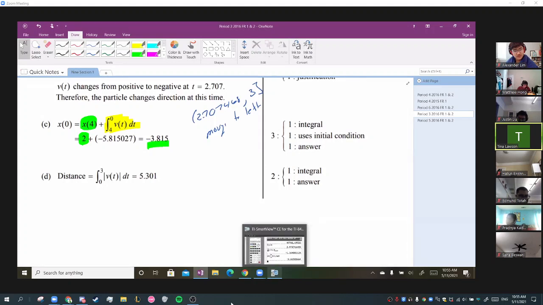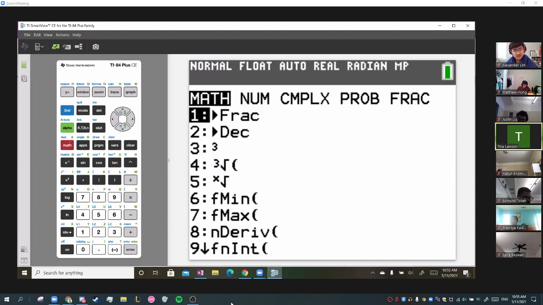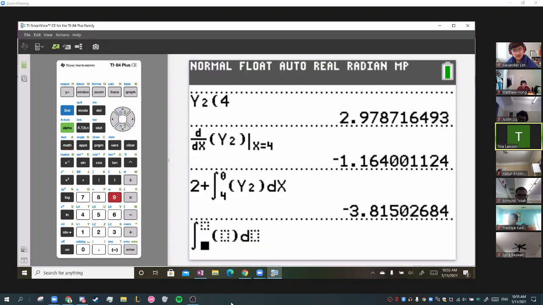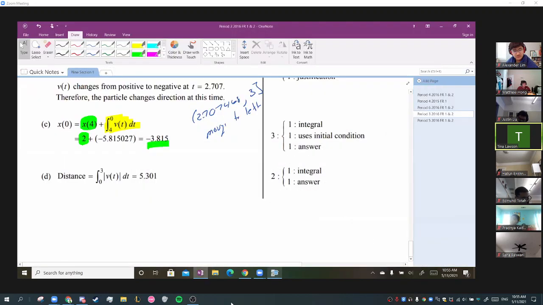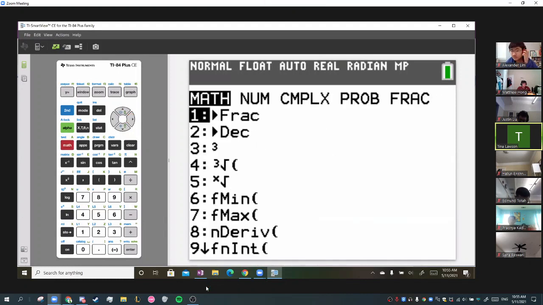On the calculator, here's what you would do. You would start with your math button and go to function integrate. We would run it from 0 to 3. And then this calculator can do absolute value. It's under math and then num at the top.